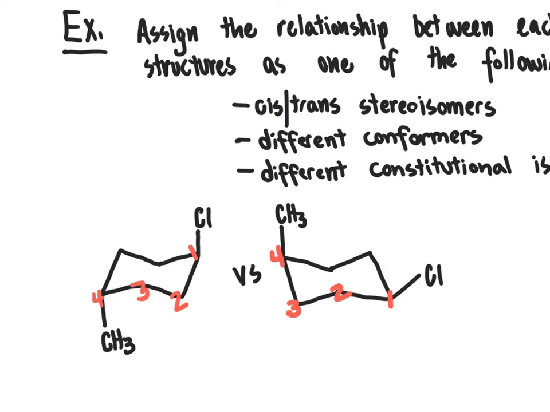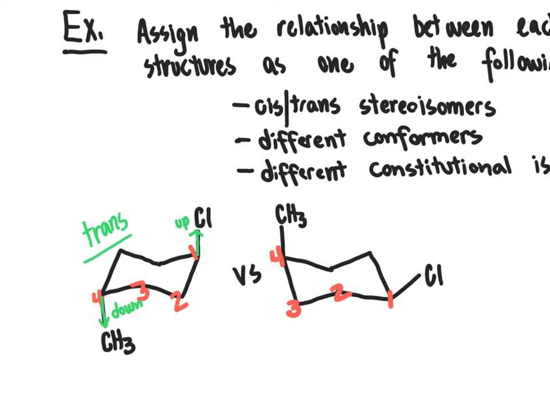Either both are cis or both are trans. So let's classify the molecule on the left as cis or trans. The bond to the chlorine goes up, so I'm going to label that as up. The bond to the methyl goes down, so I'm going to label that as down. One goes up, one goes down. Therefore, we classify these two groups as being trans to one another.